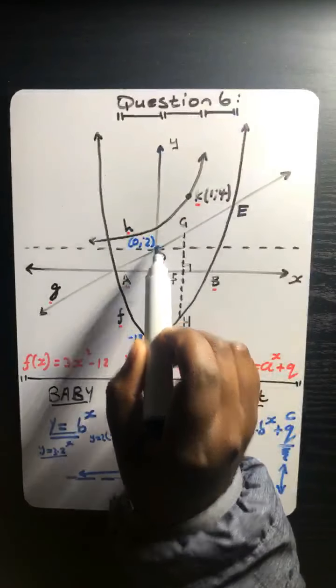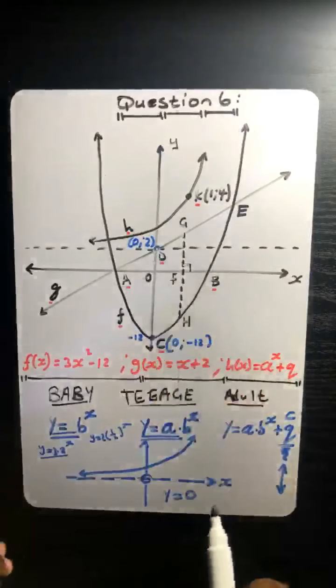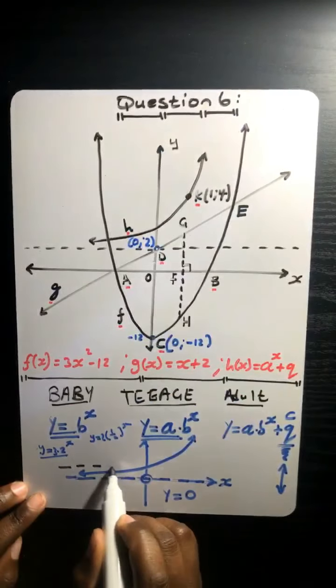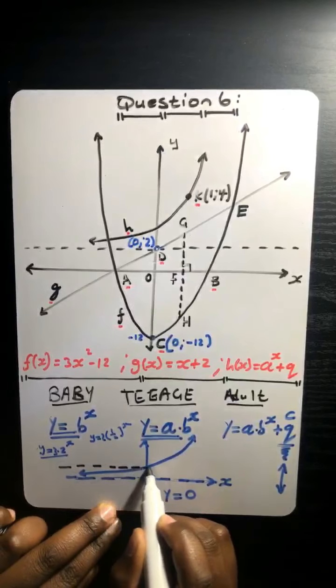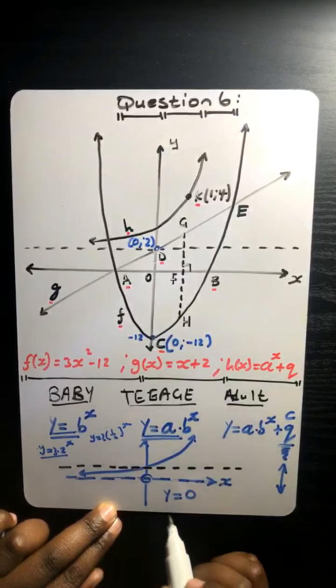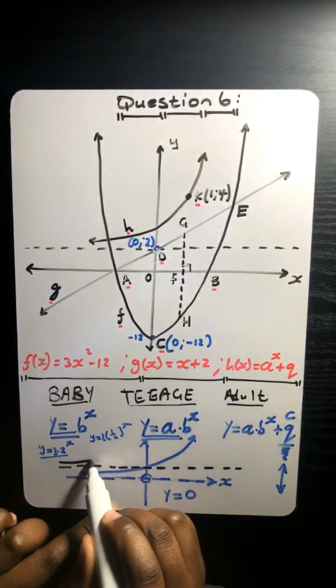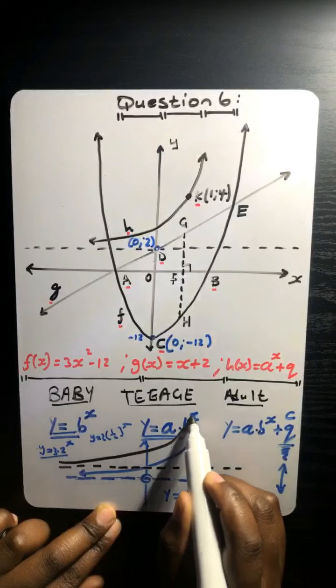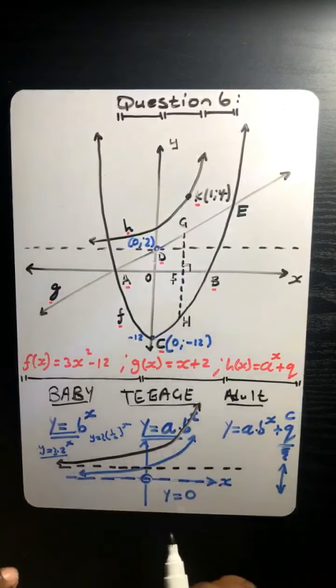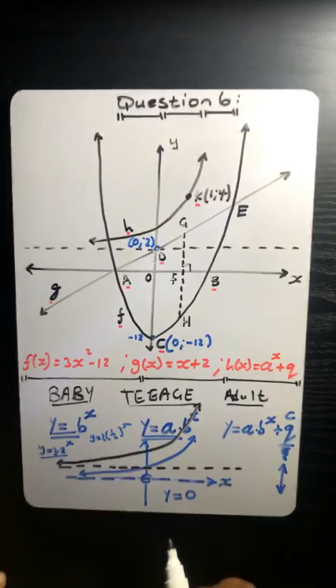It is passing at that point D. So can you guess by how many units did that function shift upwards? Two, sir. Okay, she says by 2 units. Okay, it's fine. She says it shifted upwards by 2 units, 100%.